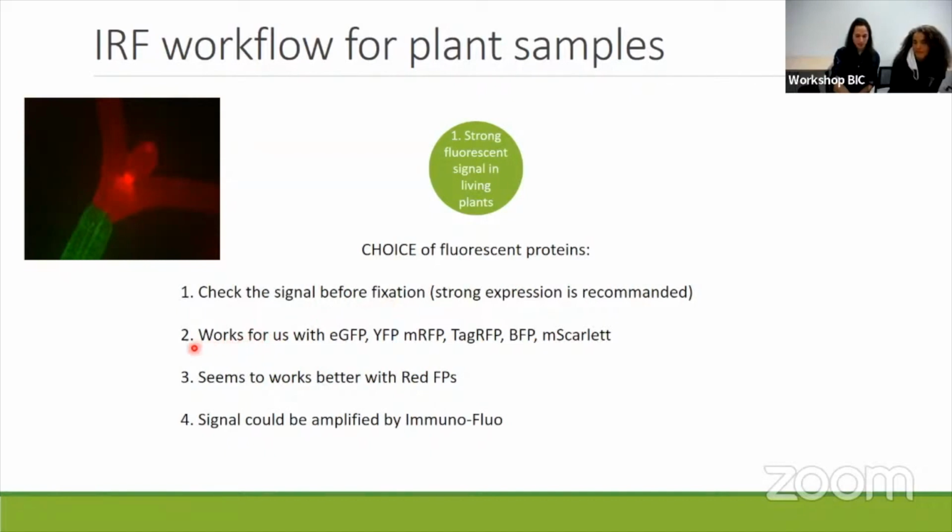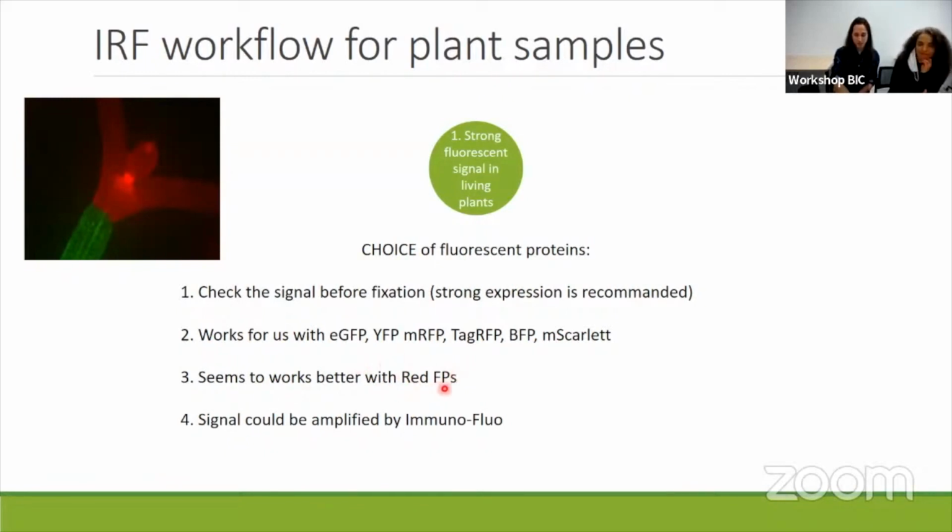So for us, we know that our protocol works with EGFP, YFP, mRFP, TagRFP, BFP, and mScarlet. I have a question. Do you have a problem with one fluorochrome? In fact, it works with everything. Apparently, it works with a lot of things, but it seems to work better with red fluorescent protein, because the signal apparently is more preserved along the process.